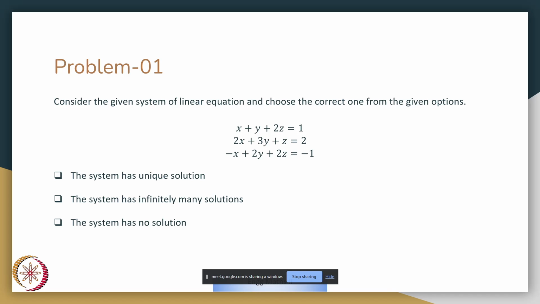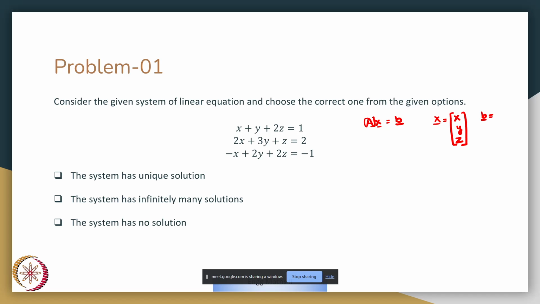So I'll write down this system of equations in matrix form. So we have Ax equal to B, where x denotes the vector containing all the three variables x, y, and z.